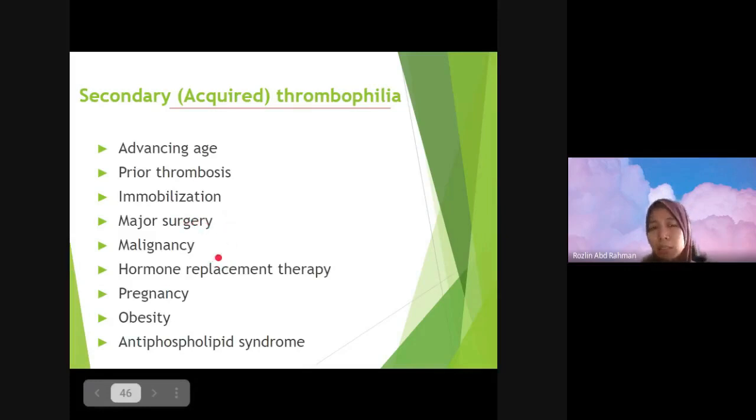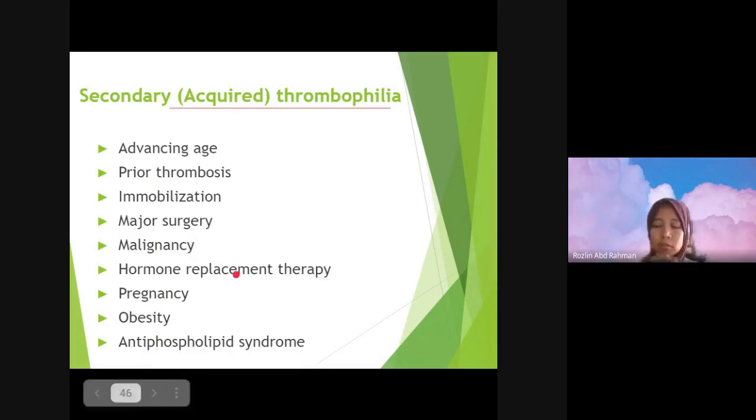Surgery, malignancy sebab the tumor cells sometimes they release procoagulant substance that akan activate the clotting formation. Okay, so dia ada thrombogenesis feature lah. Okay, estrogen therapy contohnya they increase the plasma level of certain coagulation factors.